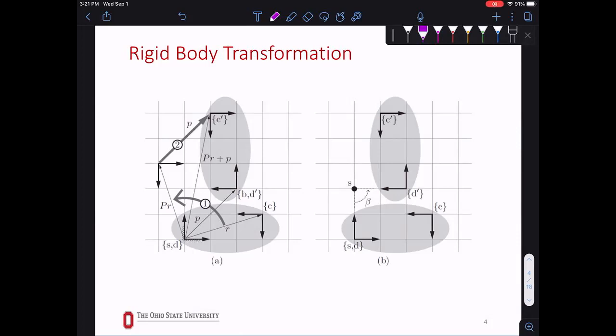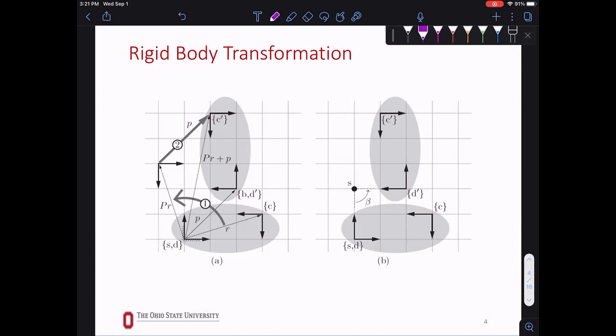Now, if we go from this position, if we rotate through this mapping of 1, this will be a rotation. Now, if we translate through mapping of 2, that's where our object would end up.